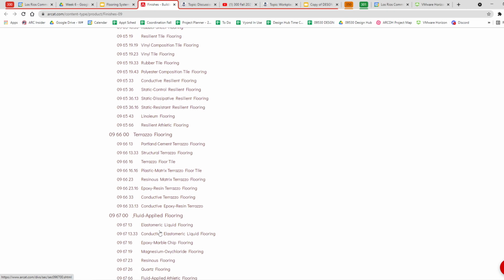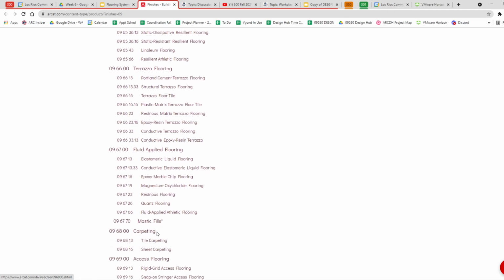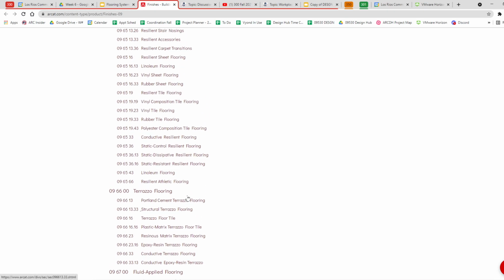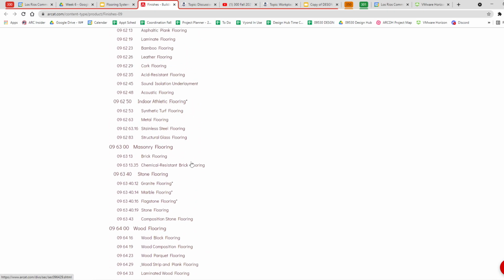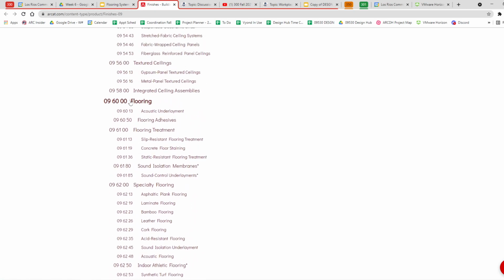Fluid applied. So there's all sorts of carpeting. There's all sorts of specifications for what type of flooring you're putting in. And these are irrespective of whether it's going down on concrete, obviously, but often it's irrespective of whether it's on concrete or on what we're going to do next week, which is a wooden floor system with joists.